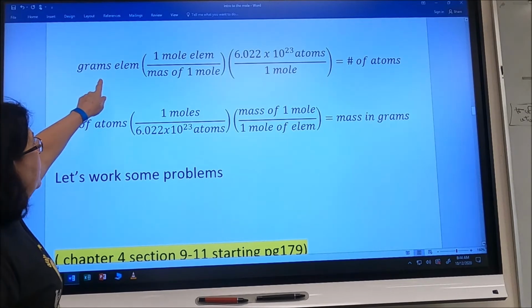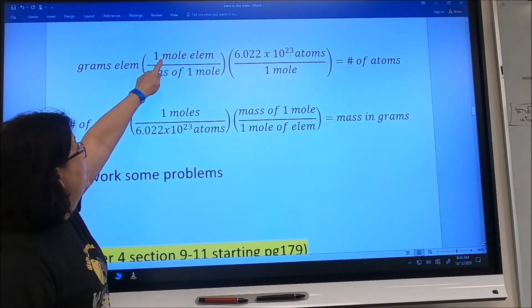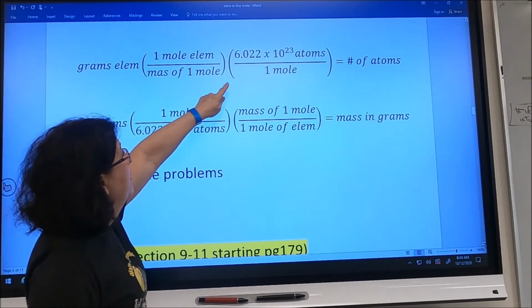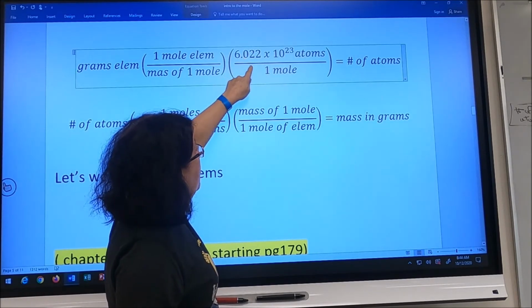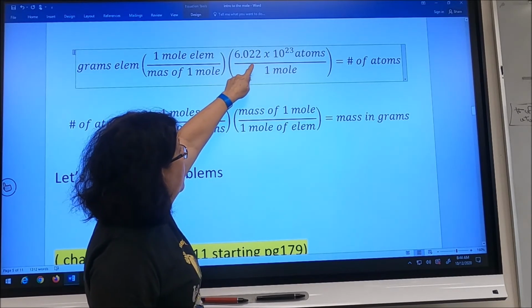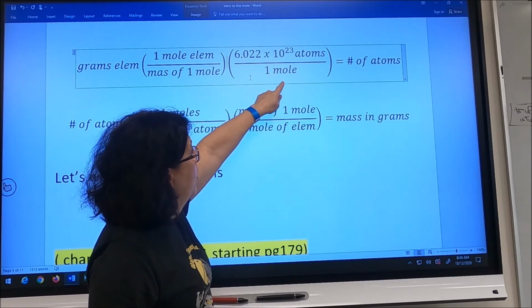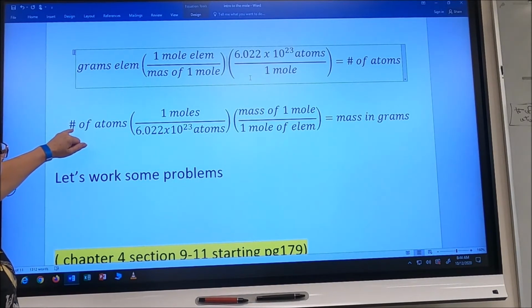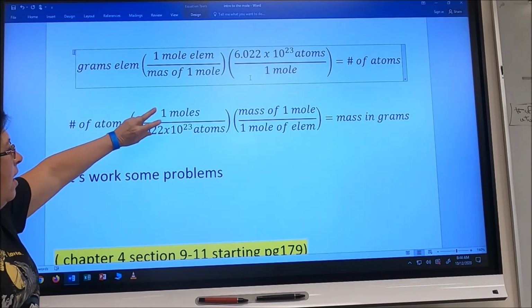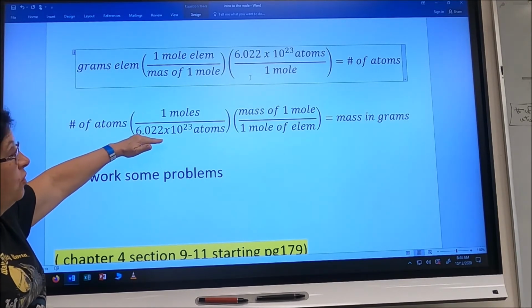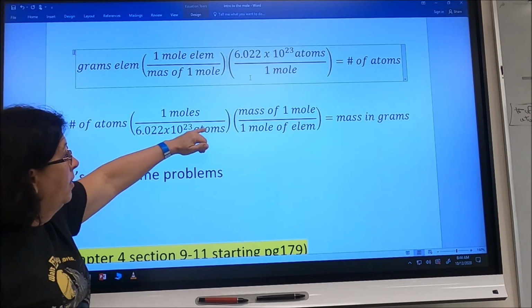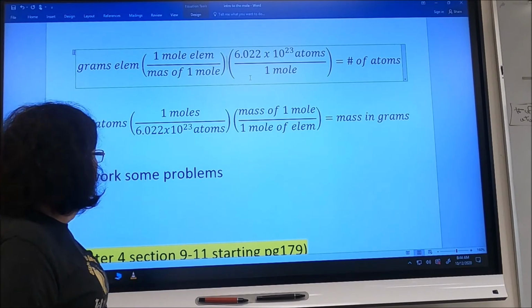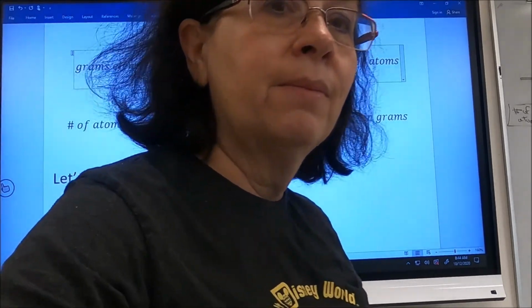If I've got grams of an element A, first I go to moles: 1 mole of element A over the molar mass of element A. Then I use Avogadro's number, 6.022 times 10 to the 23 atoms over 1 mole, so I can get numbers of atoms. And I can go back the other way. Numbers of atoms, now I've got 1 mole on top, 6.022 times 10 to the 23 atoms on the bottom. Mass of 1 mole over 1 mole of element is going to give me grams of the element.